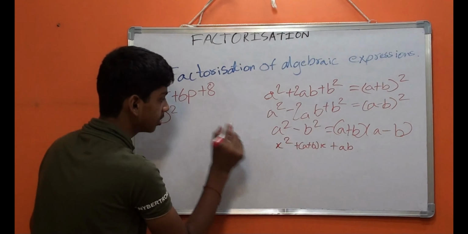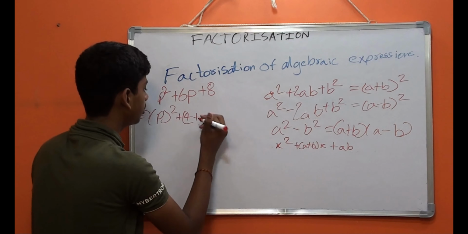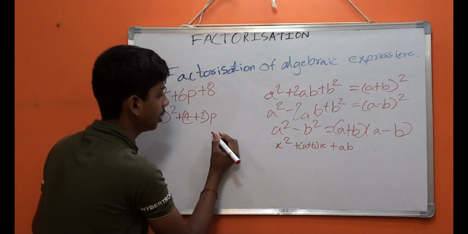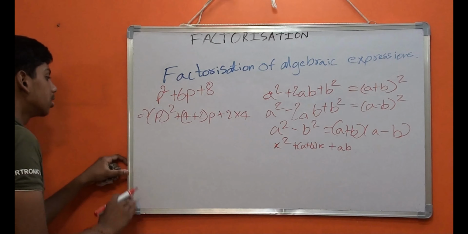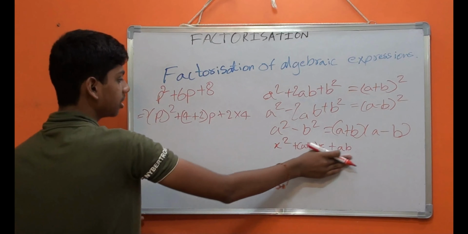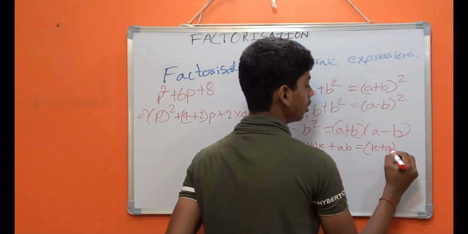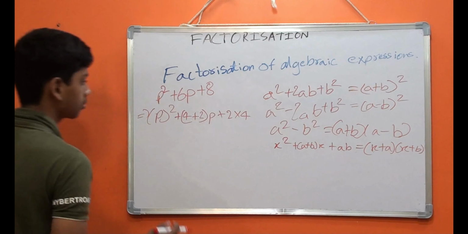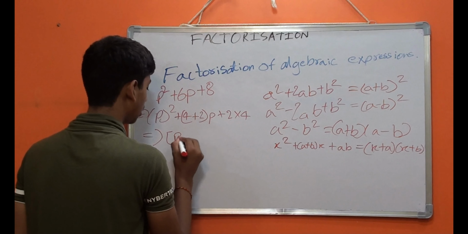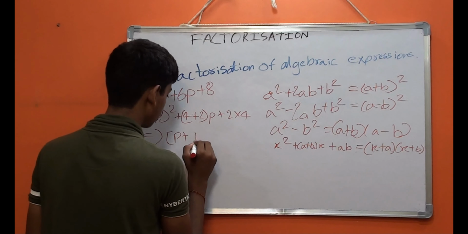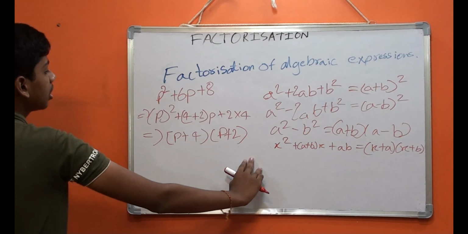Then in the place of a we take 4 and in the place of b we will take 2, and in the place of ab we take it as 2 into 4. Now this is exactly in the form of this one. Then this equals (x plus a) into (x plus b). Now the x is p over here, so (p plus 4) into (p plus 2). So this is the answer.